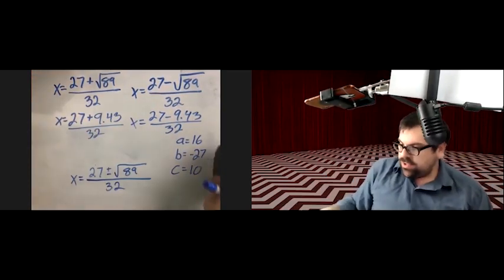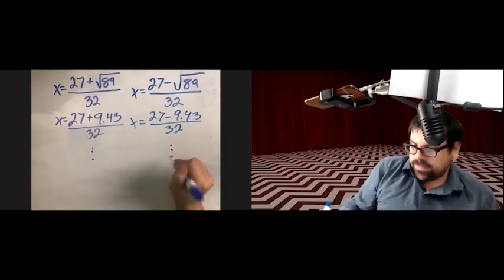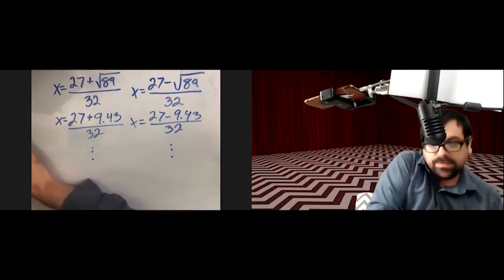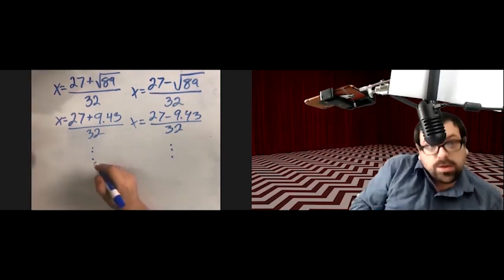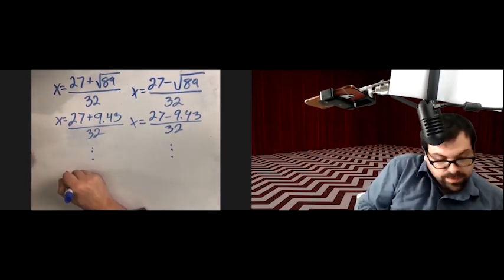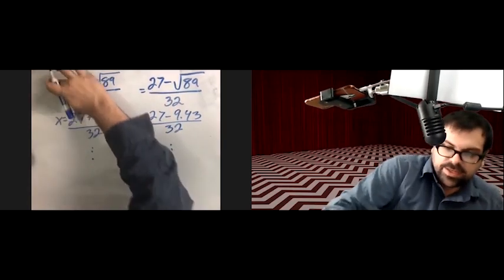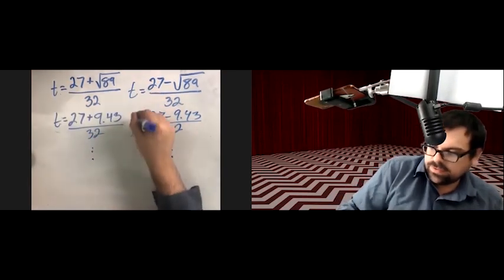But if we continue to do the work, add, then divide, subtract, then divide, and we round again. And these were x's, but they should have been t, because t is what we're solving for.